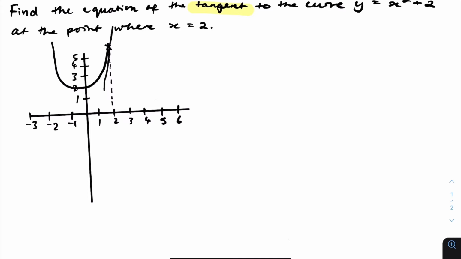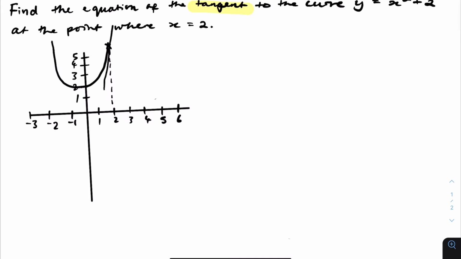Differentiating y equals x squared plus 2, dy over dx is equal to 2x, and the constant goes away. You might be wondering, well, this isn't a constant, this isn't our gradient. How do we actually find our gradient from here? Well, we're given the point x equals 2, so we substitute x as 2 in here, which is 2 times 2, which is just 4. So our gradient is 4, and we can check with this diagram.